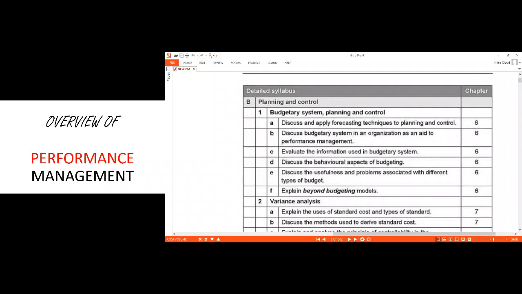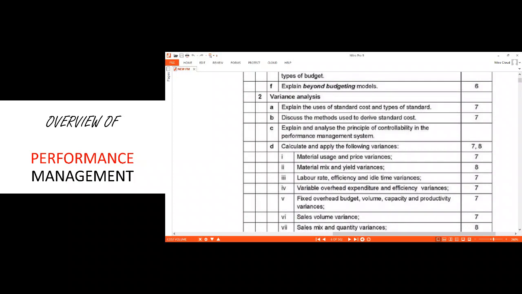Then we move on to variance analysis, variances and how to analyze them. We're going to introduce ourselves to standard cost, types of standard that we have, the methods that we can use in standard costing. We're going to explain and analyze the principle of controllability in the performance management system.